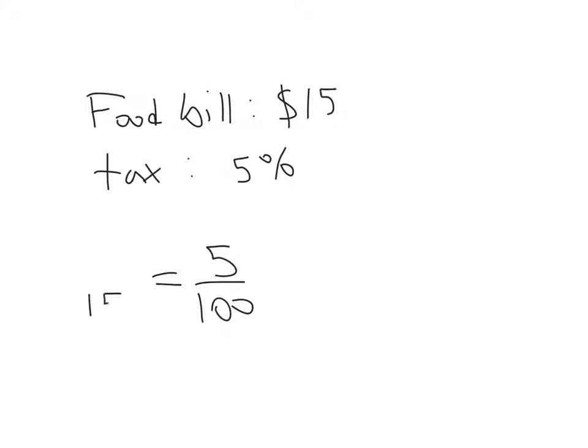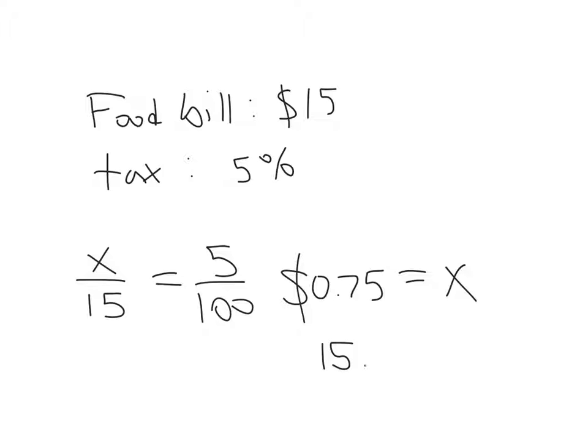The 15 goes down here because that's my original amount. I'm going to solve here. It's going to end up being $0.75. Then I've got to add that to my initial food bill, and the total price of my food bill with tax is going to be $15.75.